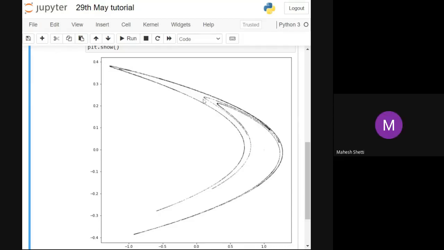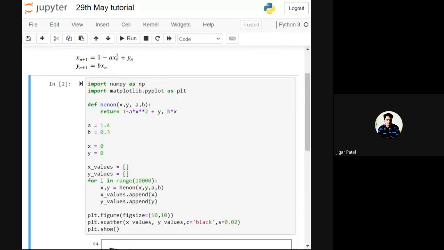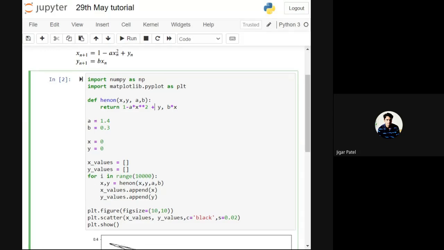Okay, so can you explain what is happening as it goes on iterating? Right. So here in this loop, say for example, i is equal to 0, the first part of the loop, we have set x and y as 0. So the function will return 1 minus a times 0 square, that is just 1, plus y, that is just 0.